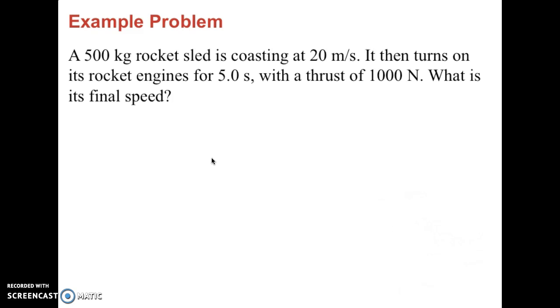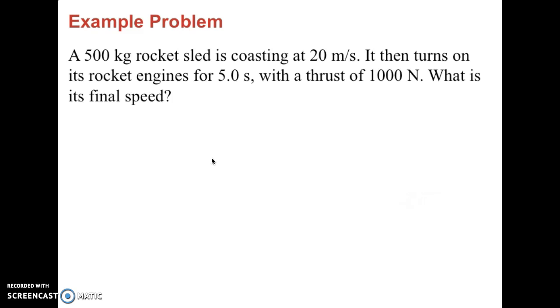So I'm going to say F delta T equals delta P, which is m times v final minus v initial. So my force here is 1,000 newtons times 5 seconds equals 500 kilograms times v final minus 20 meters per second.